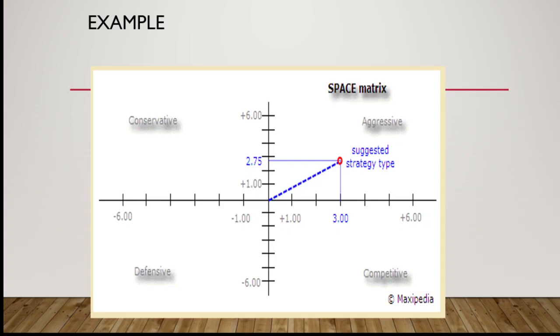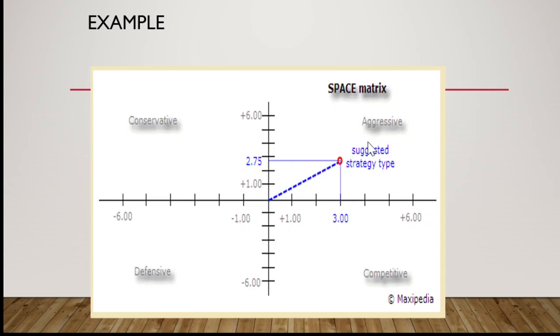And then, find nyo yung intersection. So, we plot this. Ito siya. So, saan nag-fall yung points natin? So, nag-fall siya dito sa aggressive quadrant. So if you can remember, we have 4 quadrants, yung aggressive, competitive, defensive, and conservative.